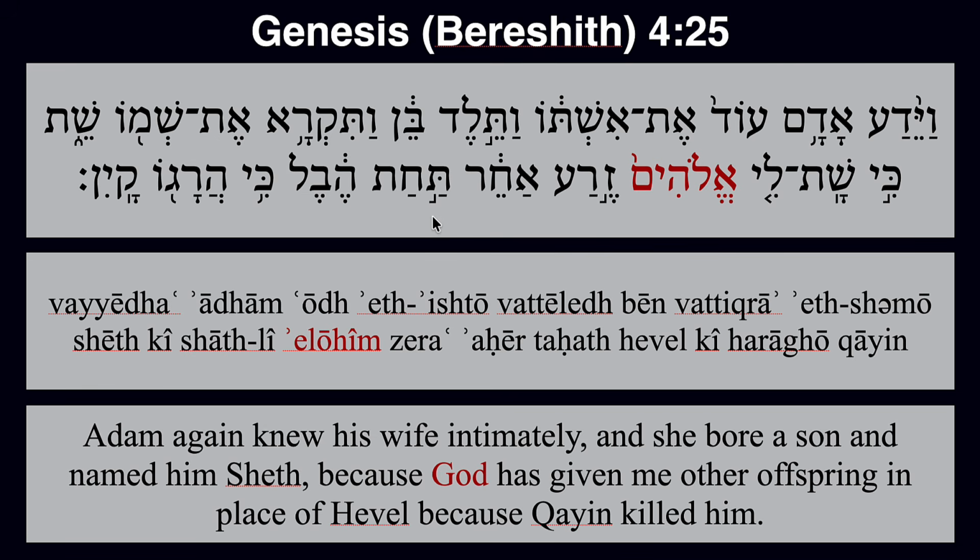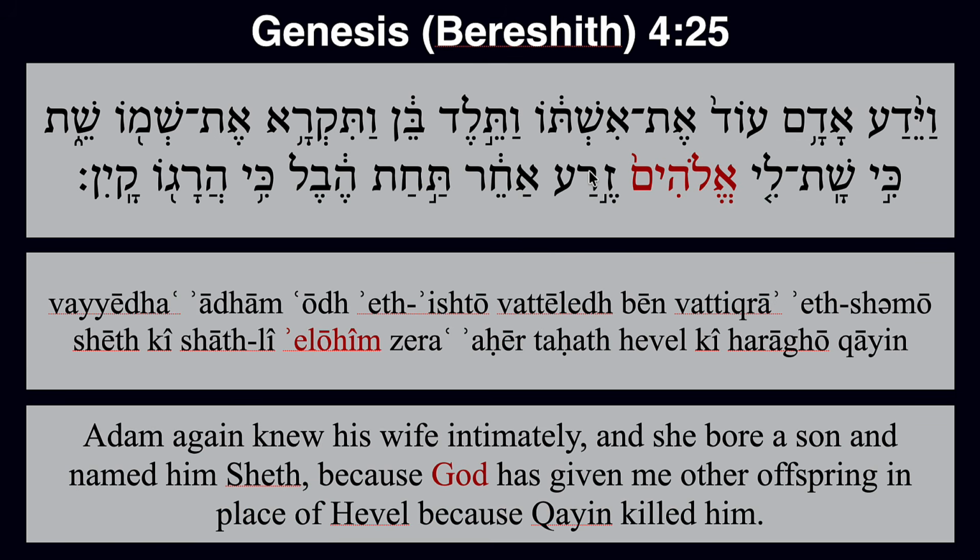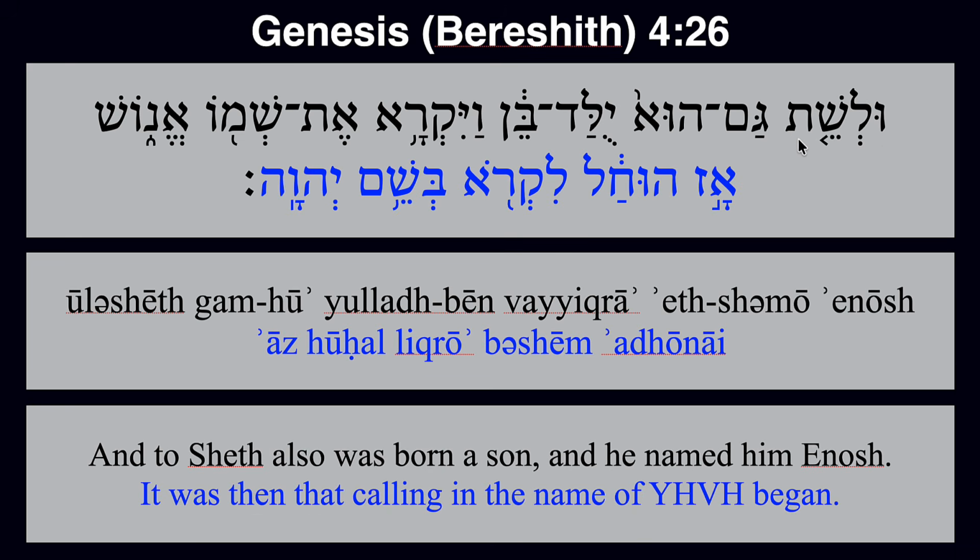So first, when it comes to talking about God with the name of Hashem, holiness is involved, and he is transcendent. He comes into the world where Elohim is operating, right? And then the following verse, the last verse of chapter 4, we read, Ulshet gamhu yulad ben, vaikra et shemo Enosh.